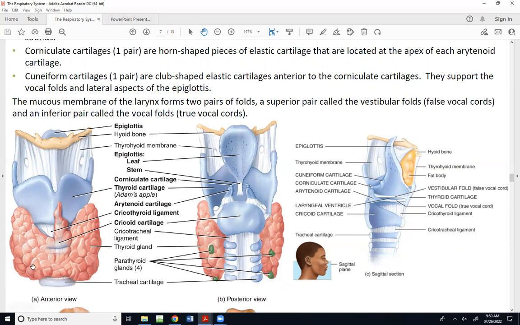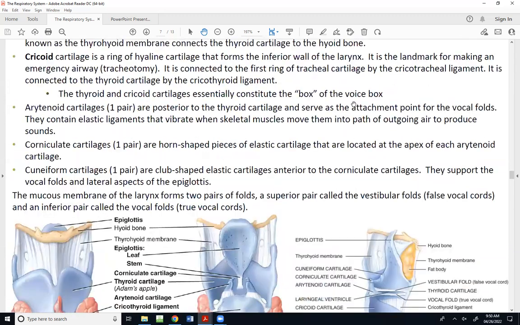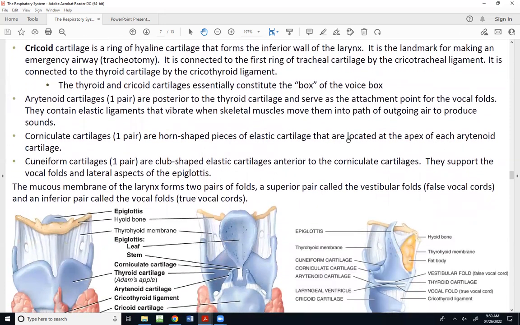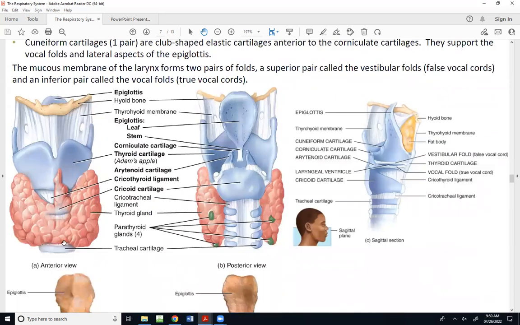Just inferior to that is the thyroid gland, which is, I guess, the reason, I don't know which one was named first. I guess that's kind of like the chicken or the egg, but those are named together for a reason.